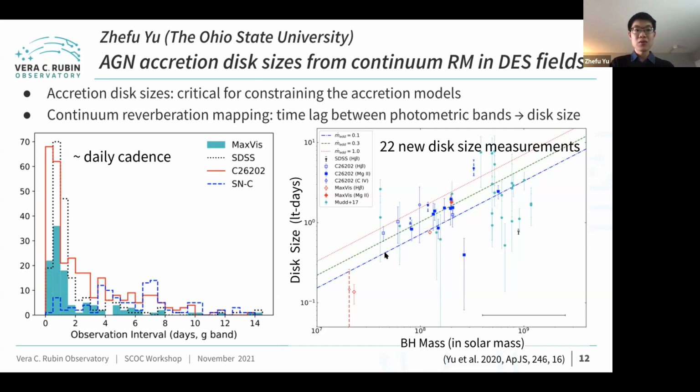And in order to address this discrepancy and further understand the physics of the accretion disk, we do require more measurements of the disk sizes. So next slide, please.